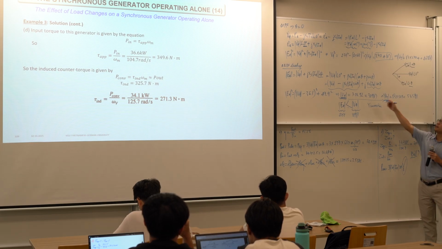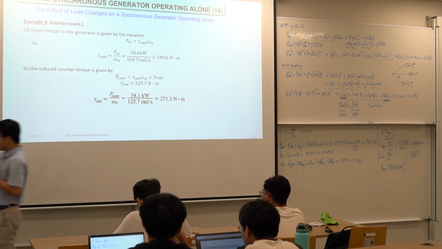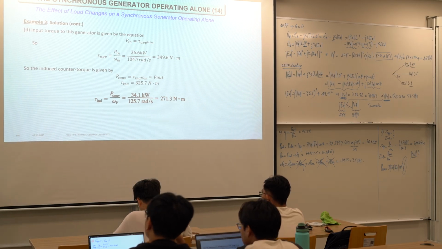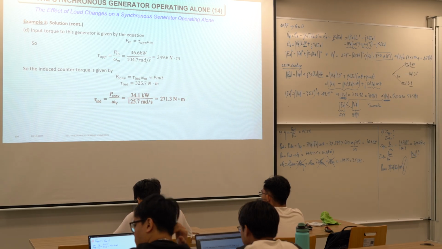So come back here. You can calculate the phase of gamma. So now, come back. We have EA is what? EA is V phase plus jXS IA.